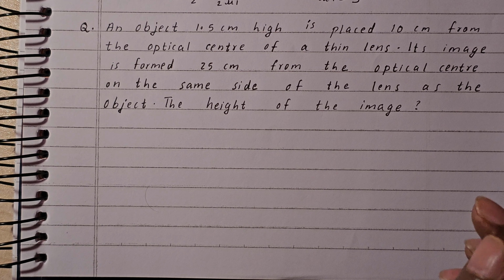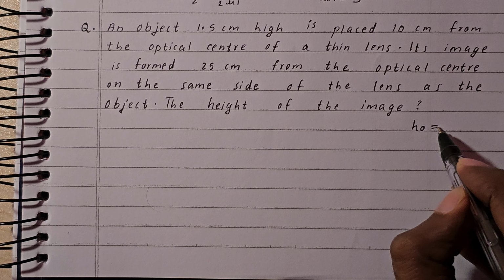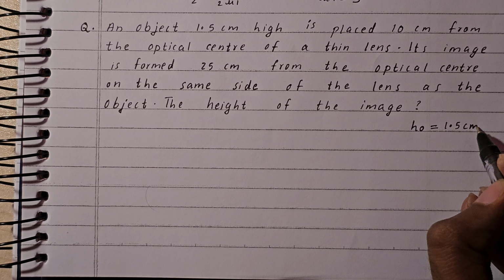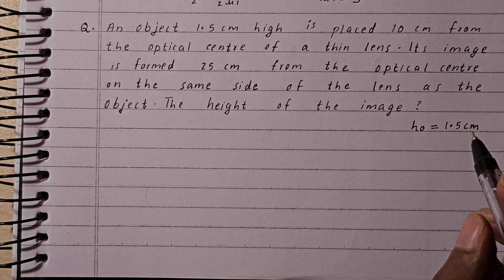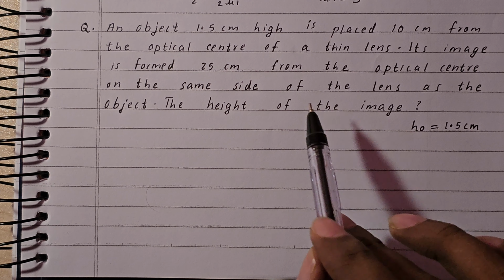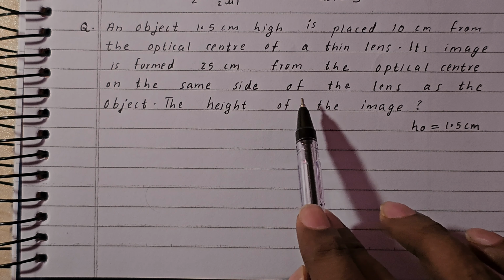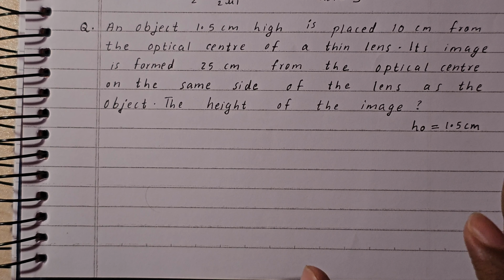So the given quantities are: ho, that is the height of the object, is given, that is 1.5 centimeter. Here one condition is given, that is the image is formed on the same side of the lens as the object. So image and object are on the same side.